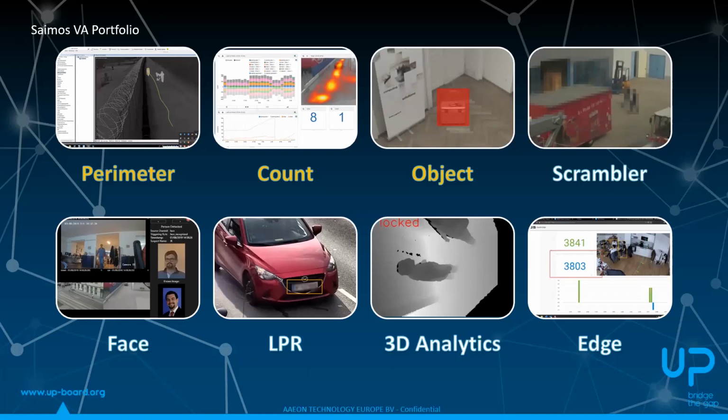You could add a scrambler channel, which is a motion scrambling system that scrambles everything that moves for privacy protection. You could add a face detection and recognition channel, and of course also our very new LPR, license plate recognition system.